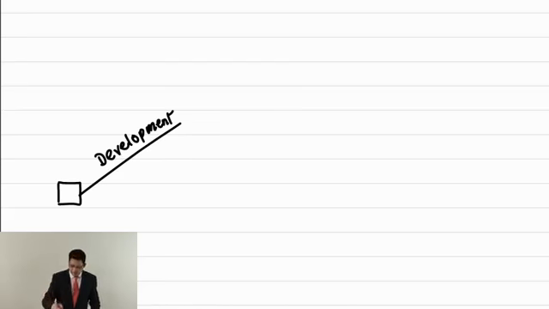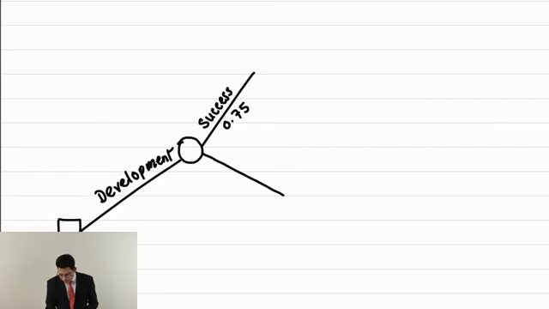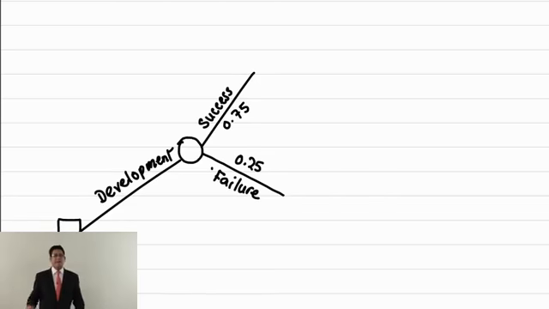If I go for development, one of the two things may occur. 0.75 or 75% chances that development may be successful, and at the same time 0.25 or 25% chances that it may not be successful. It may be failure. One of the two things may happen.